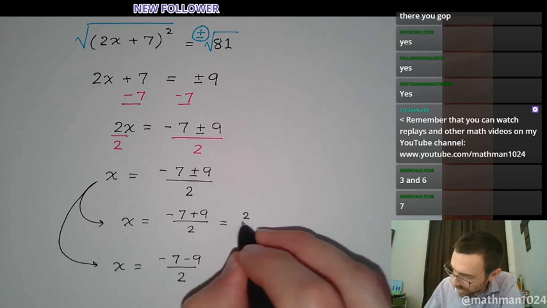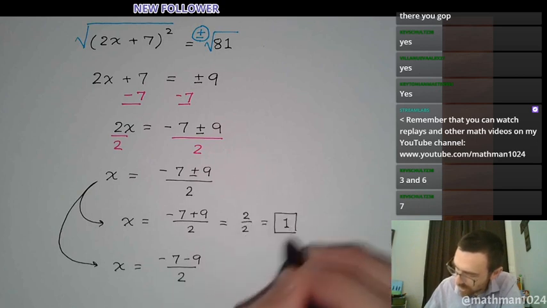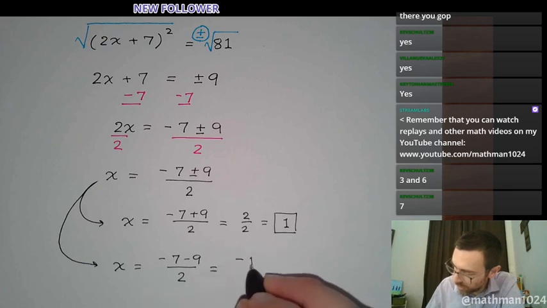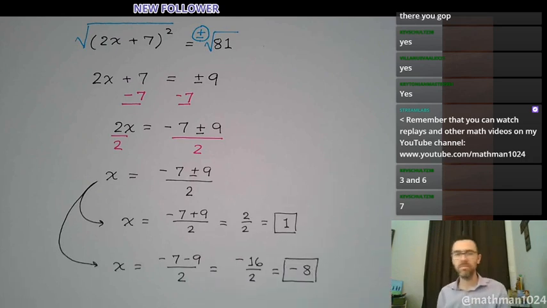So this gives us a positive 2 over 2, which means x is equal to 1. And then here, we get negative 16 over 2, which is equal to negative 8. Right. So piece by piece, make sure that you focus and get the x by itself, and you're going to be in good shape.